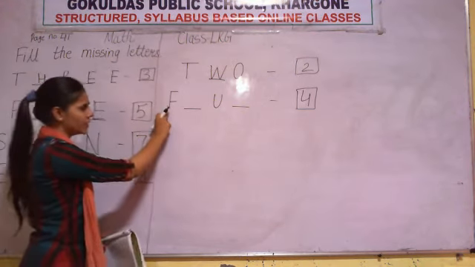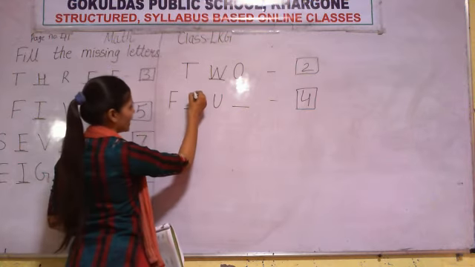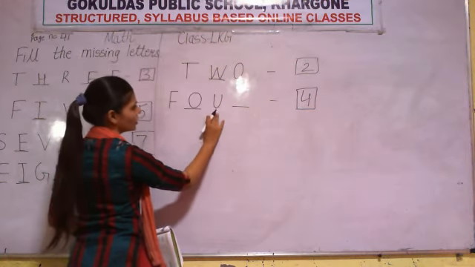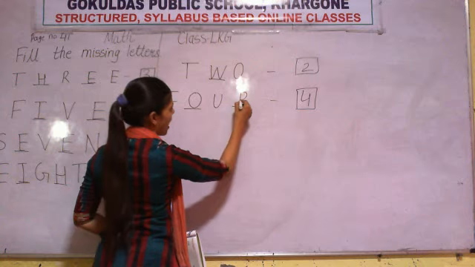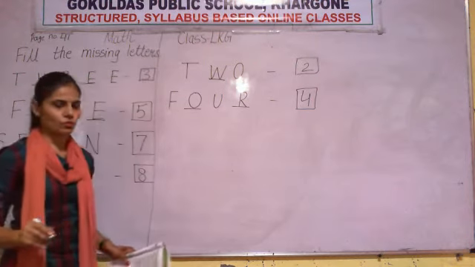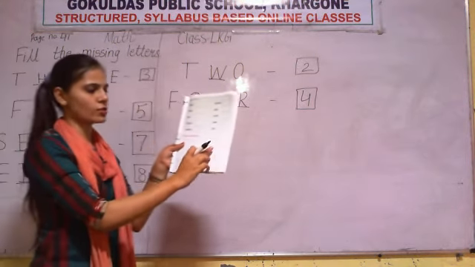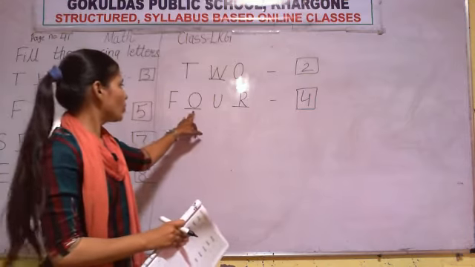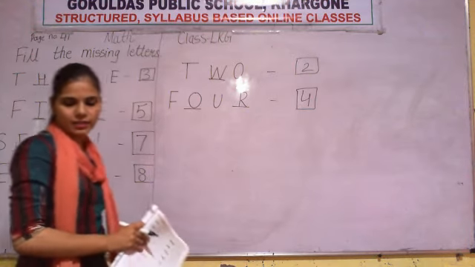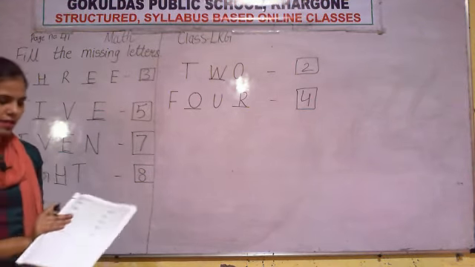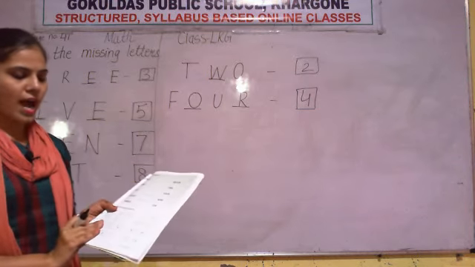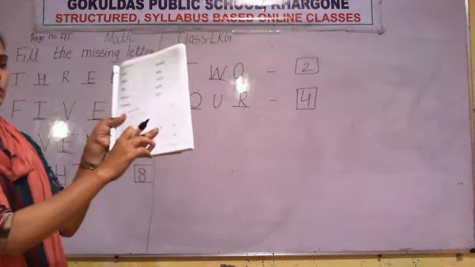F already written. So in these blocks you write O and R. Letters O and R. F-O-U-R, 4.